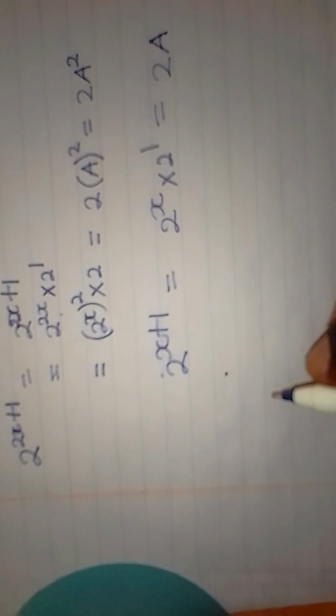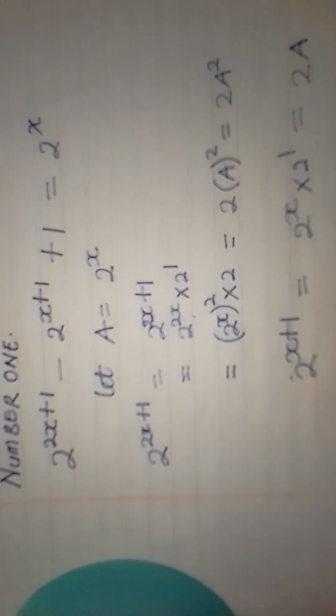So we are going to have a new equation, and this is our new equation. It is 2a squared minus 2a plus 1 equals a. Then we collect like terms and we form a quadratic equation.